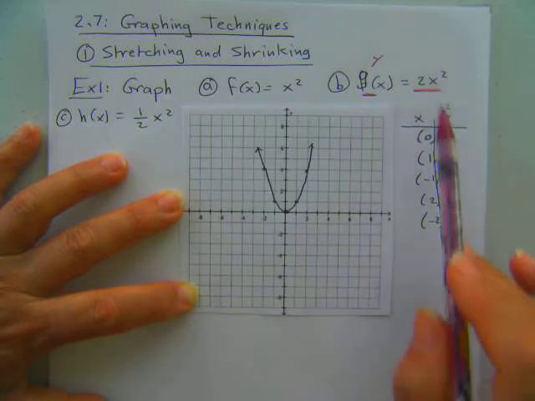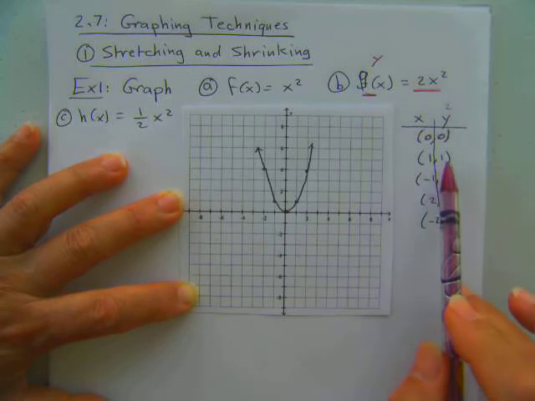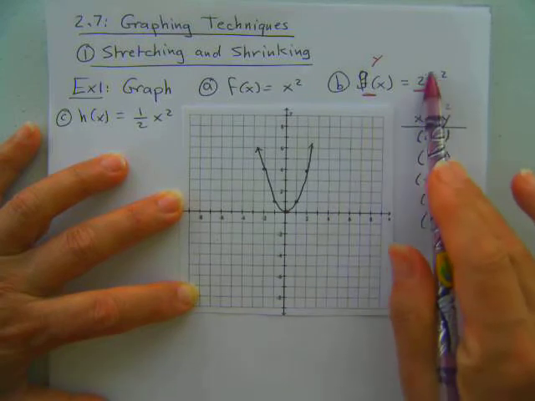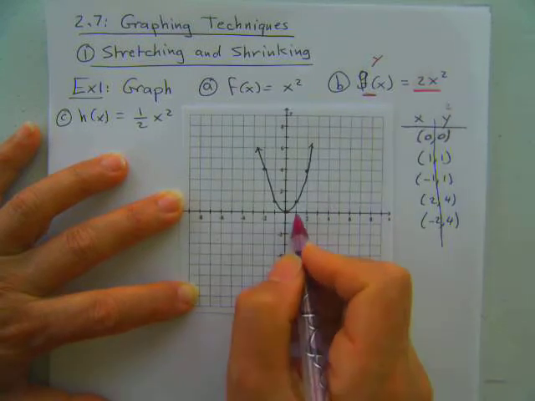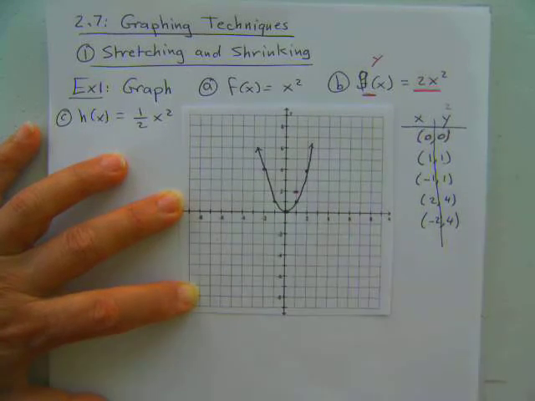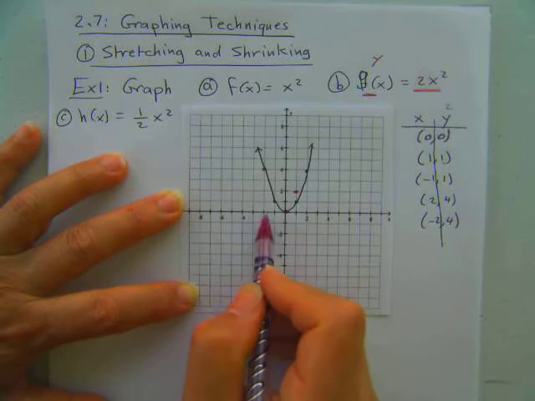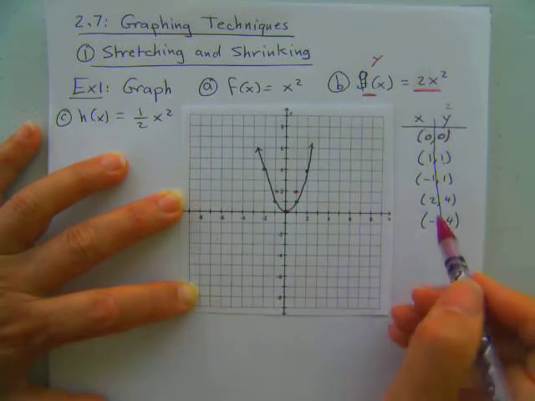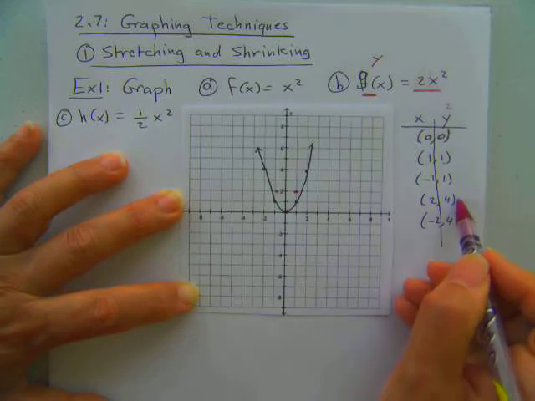Now when x is 1, y is twice the amount of what it originally should be. It should be 1, so now we're multiplying it by 2, so that is 2. So when x is 1, y is 2. When x is negative 1, y is 2 also. When x is 2, y multiply again.